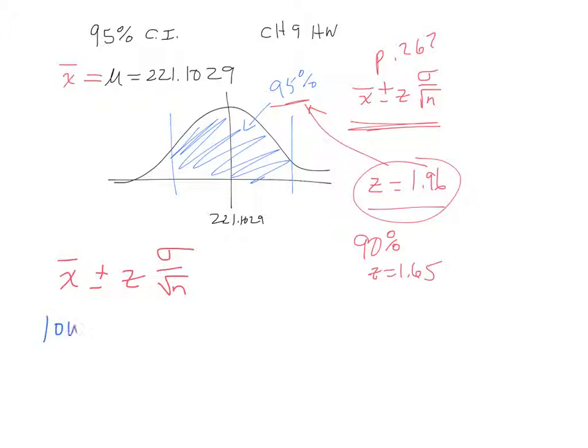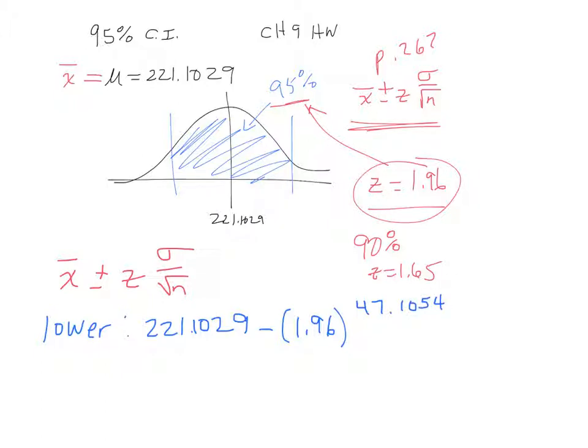So the lower will be x bar, which is 221.1029. I think I'm missing a number there, 1. Minus my z, I just said, is 1.96. In Excel, or again in last week, you can find the standard deviation of the data was given as 47.1054.